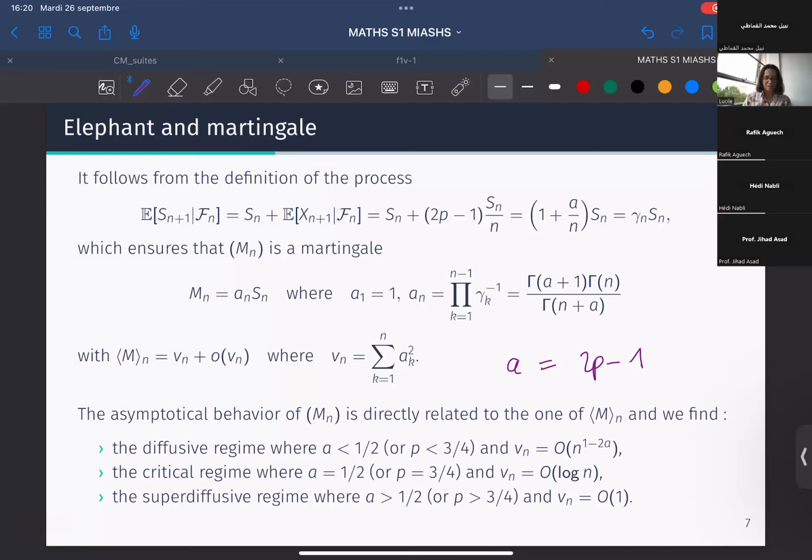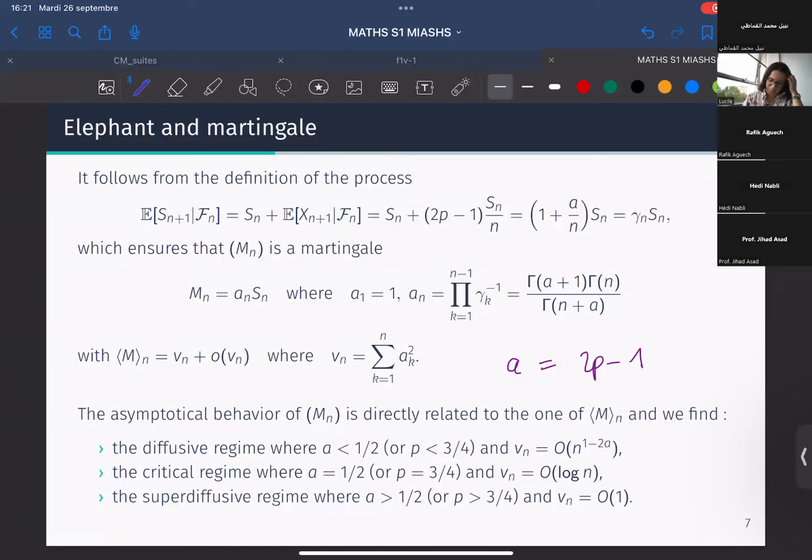There is a critical regime that is actually very close to the diffusive regime, when a is 1/2. And there is a super diffusive regime, which is what we are interested in in our work.